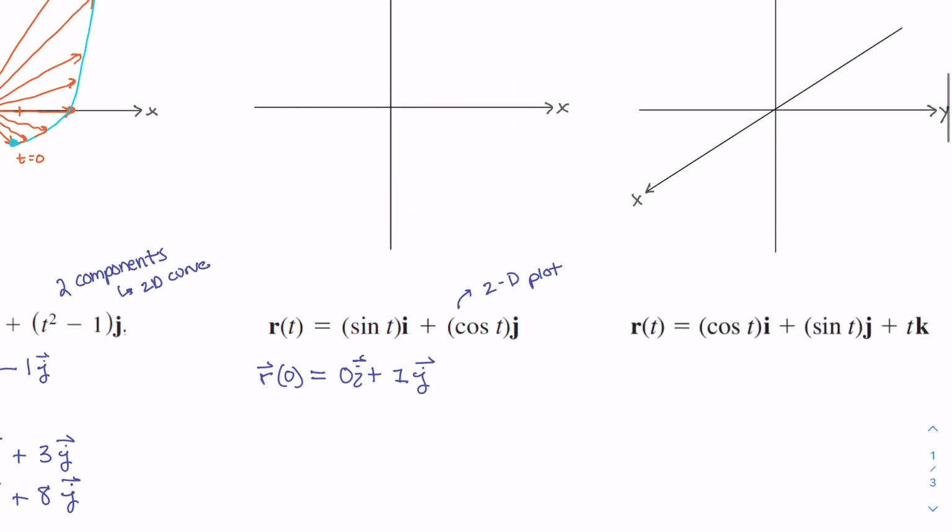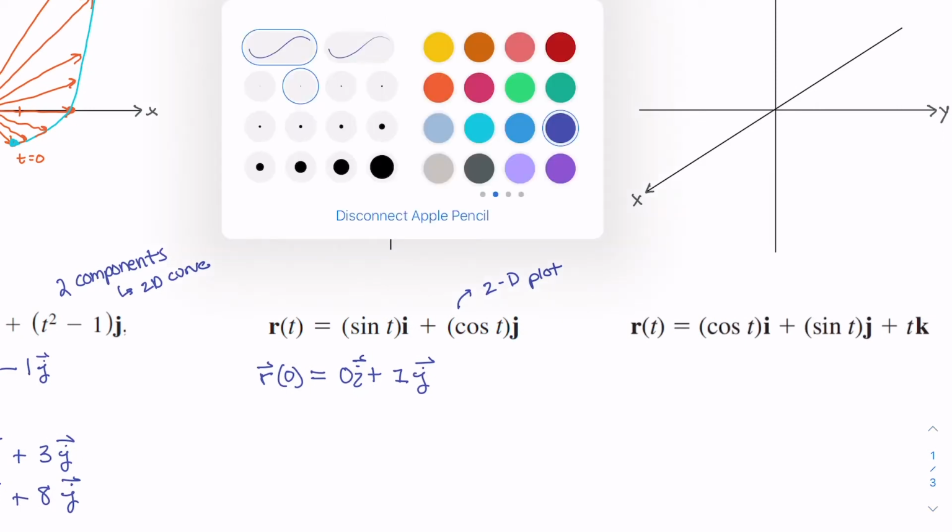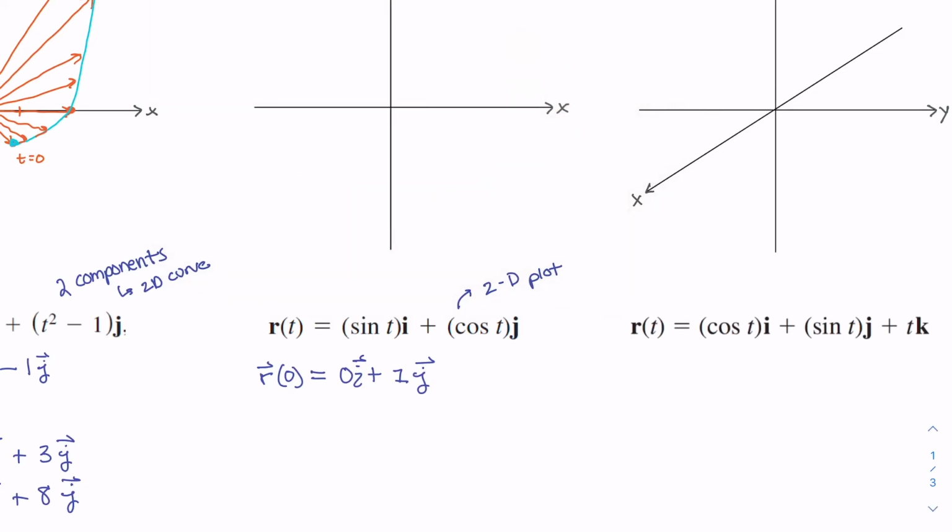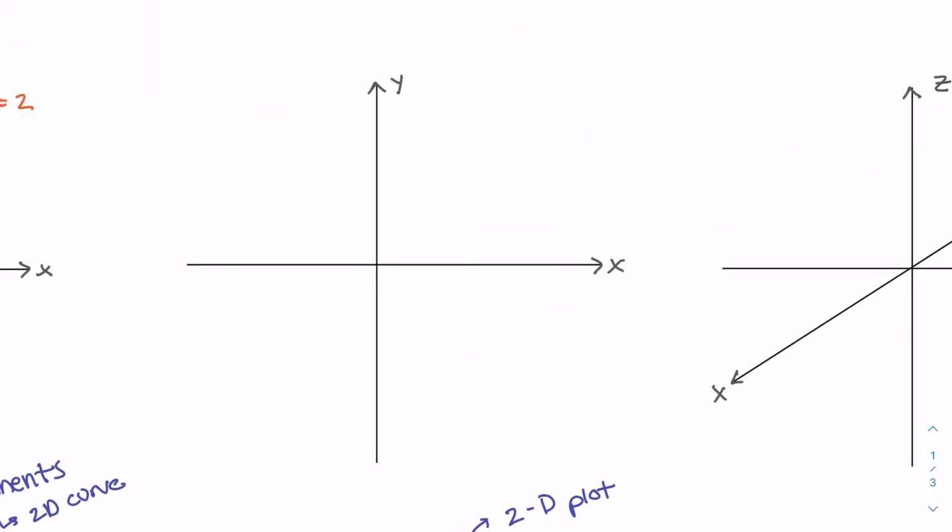So in this case, we get the vector 0i plus 1j. So that's going to be this point. That's 0, 1.